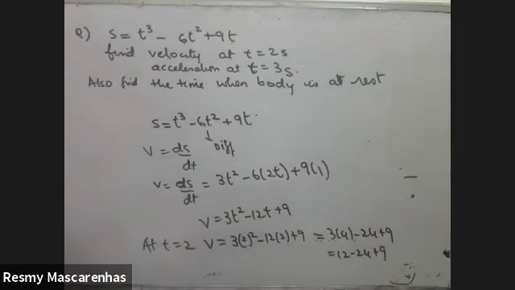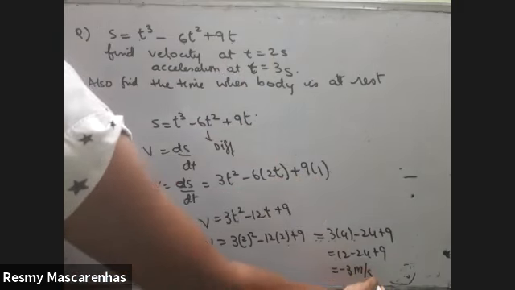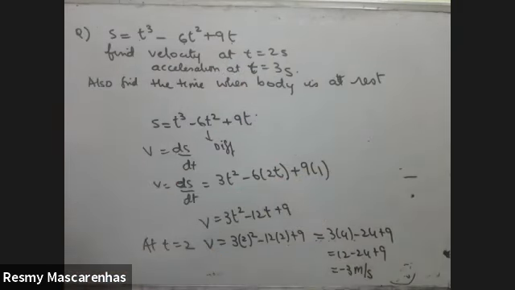So minus 12 and then plus 9. So minus 3 meters per second. If I want to write, how will I read it? So the object is moving in the negative direction of the x-axis. I want to just read it.